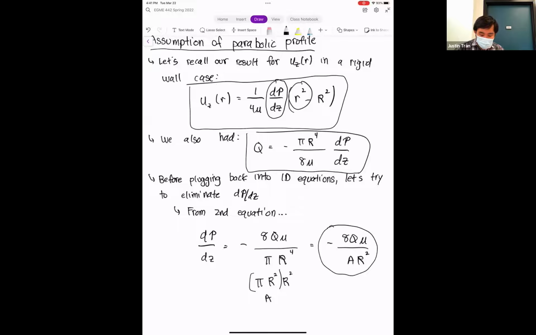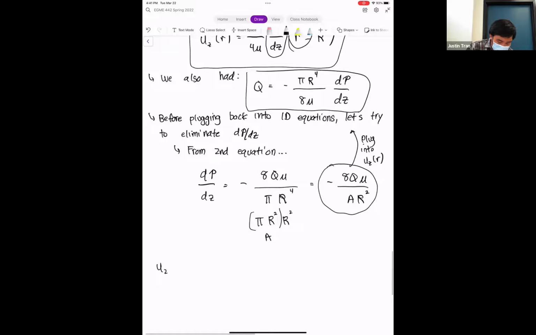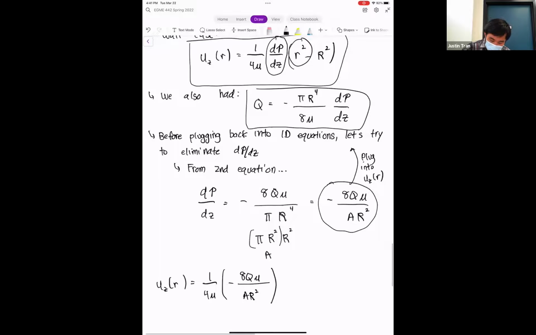So now let's take this expression and plug it back into UZ. And so if we do that, we have UZ of R is equal to 1 over 4 mu times minus 8q mu divided by A R squared, multiplied by little r squared minus big R squared.